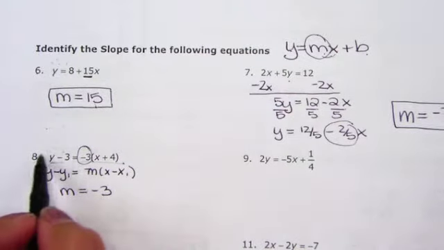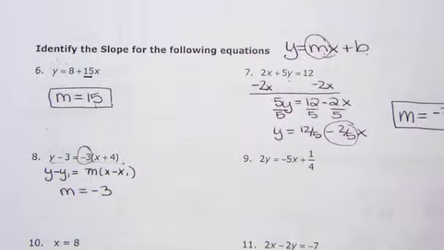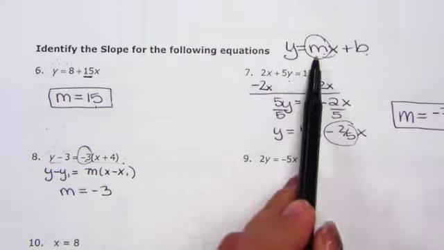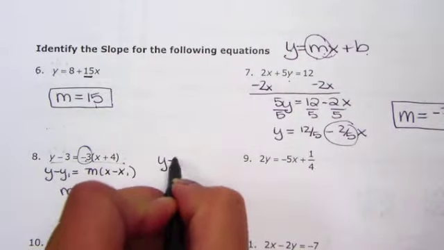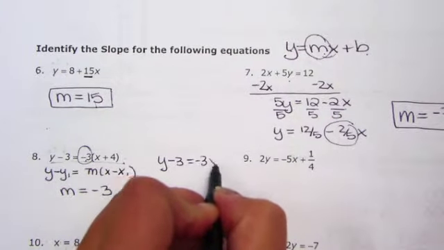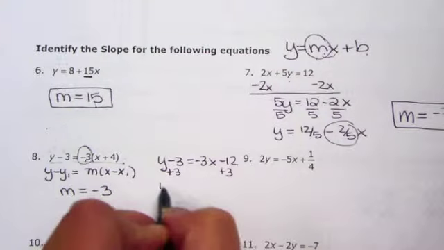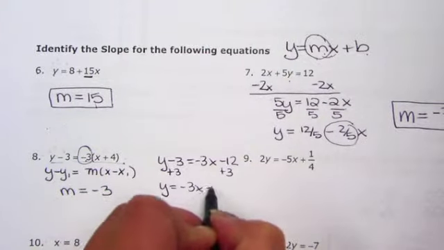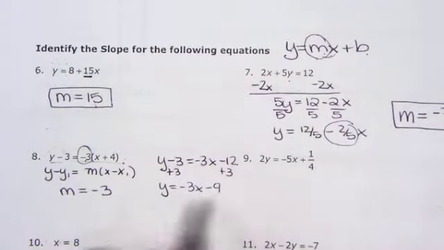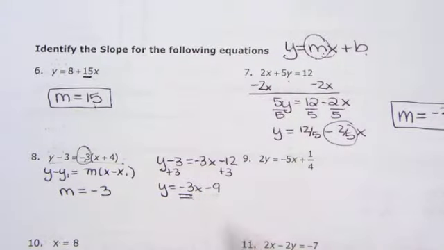If you did not recognize that right away, you could distribute and get this back into slope-intercept form. If you do that, then you can see your slope is negative 3.